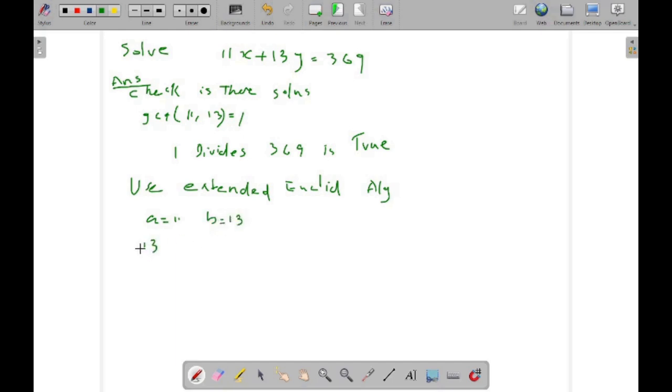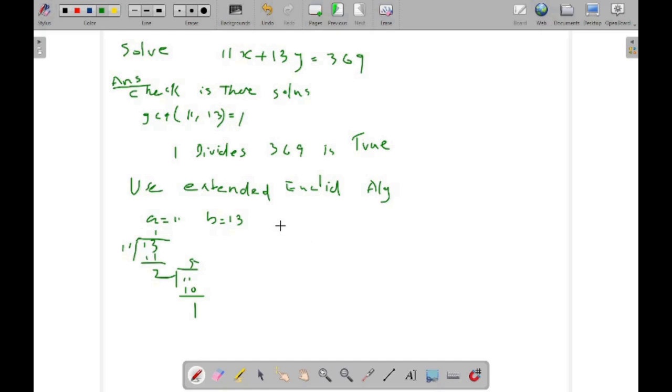Okay, so 13 divided by 11 gives 1, remainder 2, then 11 divided by 2 gives 5, remainder 1.